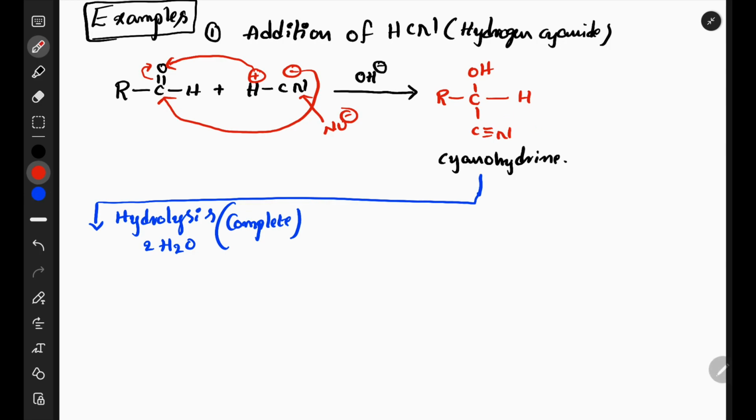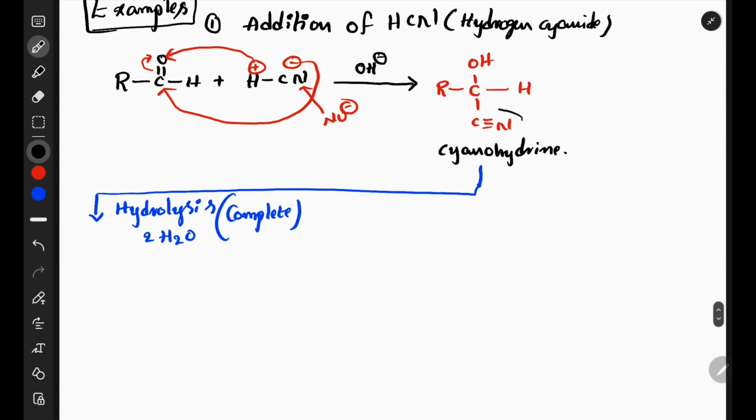The interesting thing is that whatever C triple bond N is there is converted into carboxylic acid when you do the hydrolysis. Then we get R C OH H, with the C triple bond N converted into COOH. This is the first one we get.